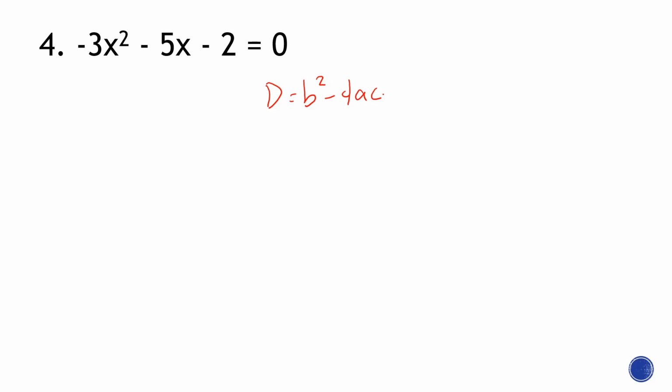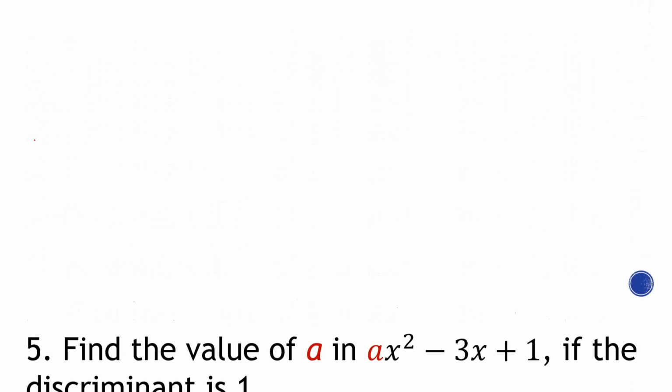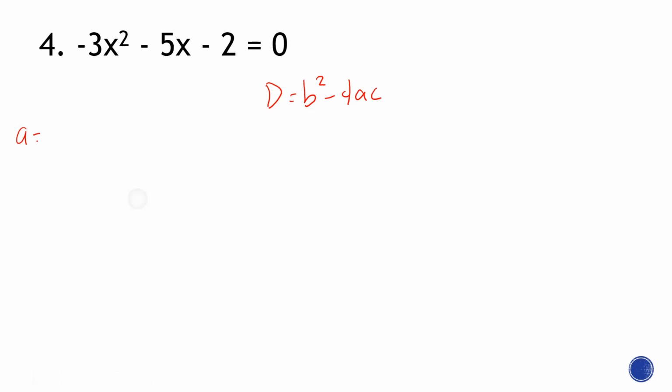Okay, so here, identify A, that's -3. B is -5, and our C is -2. So B squared, that's -5 squared, minus 4 times -3 times -2. Okay, just plug them in the formula.